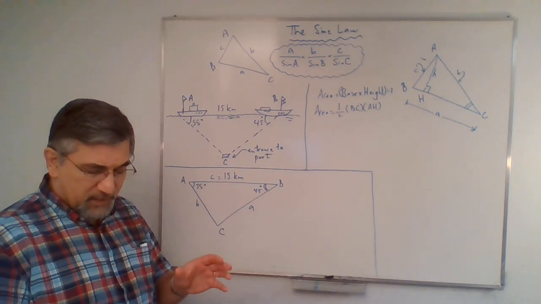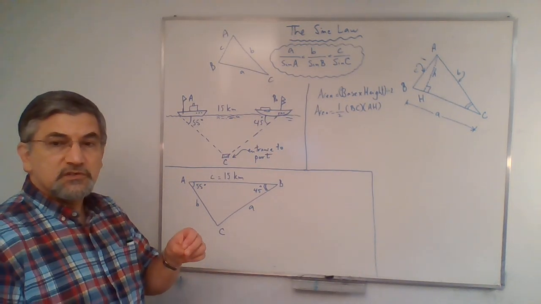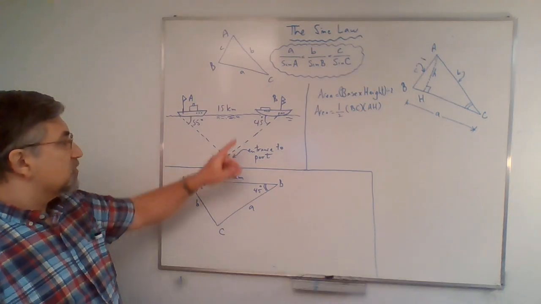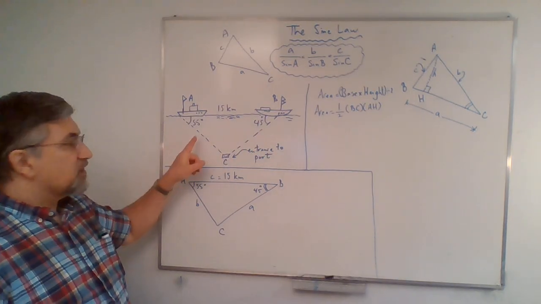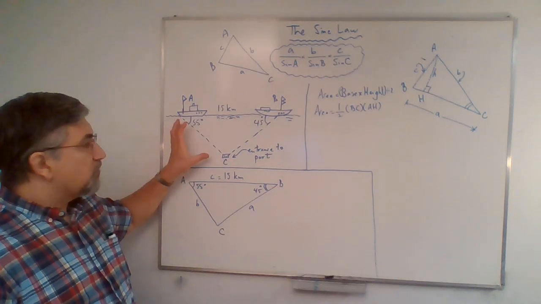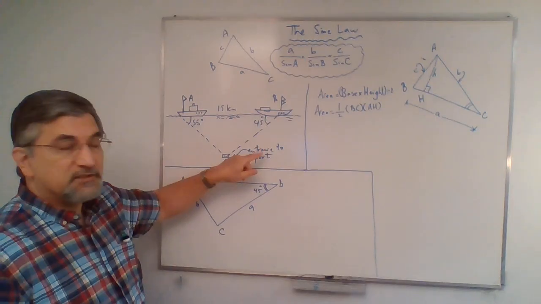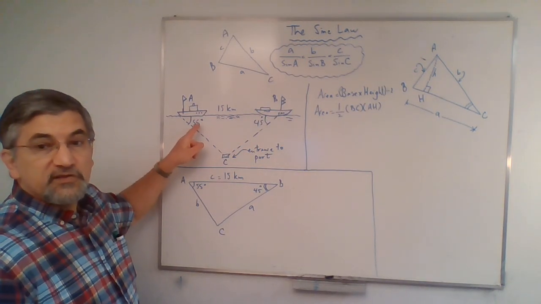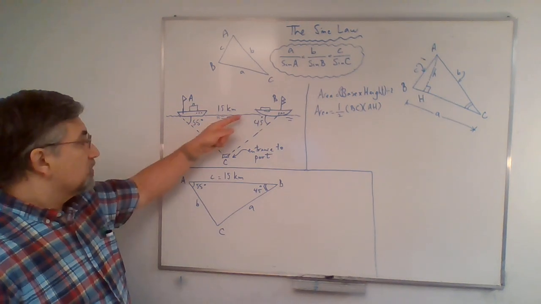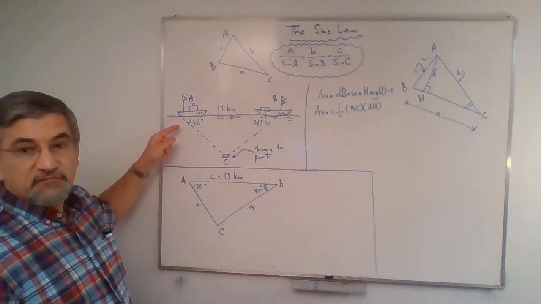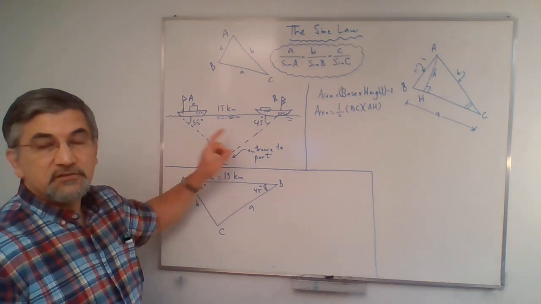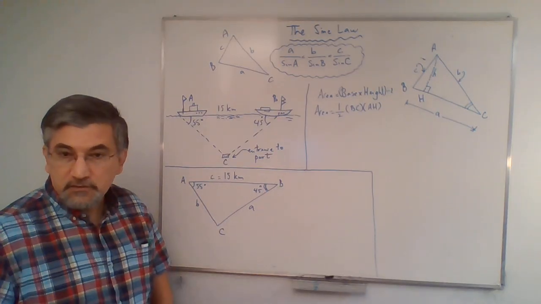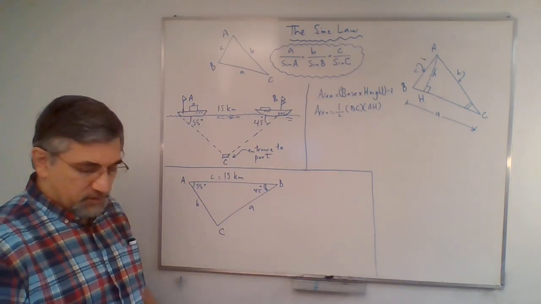The shortest side is always opposite to the smallest angle. So this angle is 45, the other one is 55. The side opposite the smaller angle is shorter.